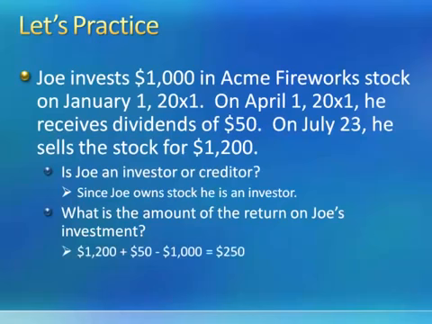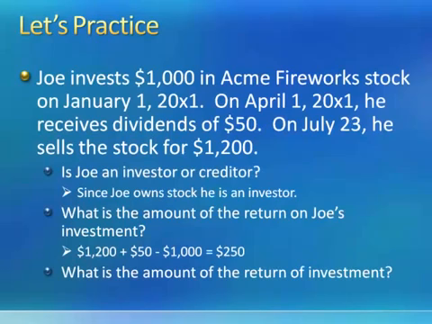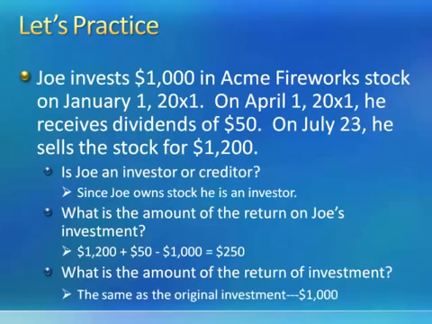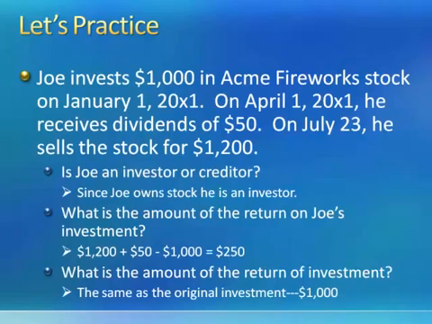So the return on the investment is $250. Finally, what is the amount of the return of the investment? The return of the investment is the same as the original investment or the purchase price of the stock, which is $1,000.